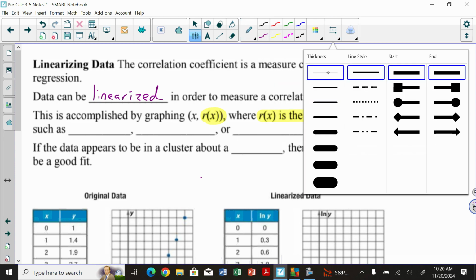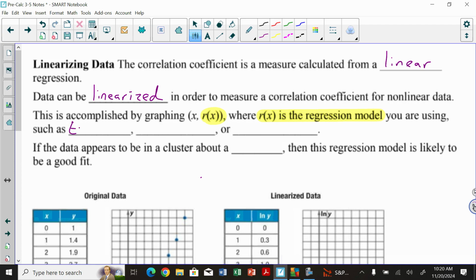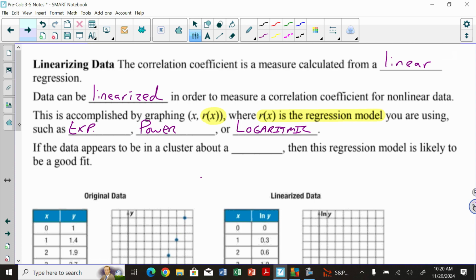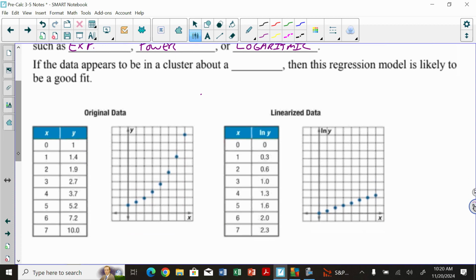We might be using an exponential model, or a power function model, or a logarithmic model, just based on what it looks like initially. So we go back, like on this problem, we could see right away it kind of looked like, yeah, this looks like an exponential model. So maybe I want to use an exponential model on that, okay?